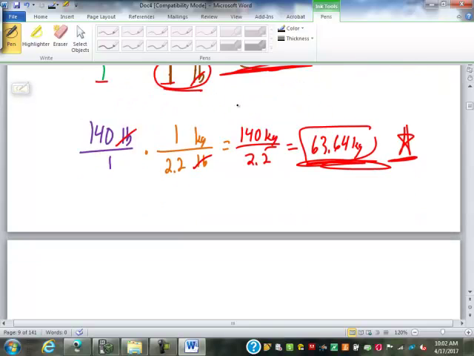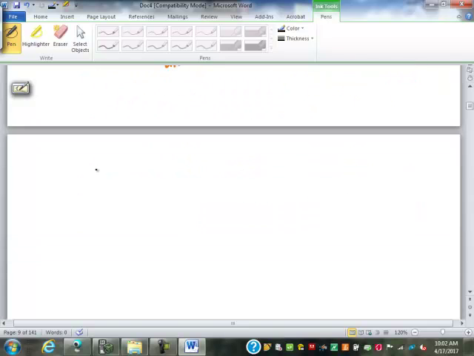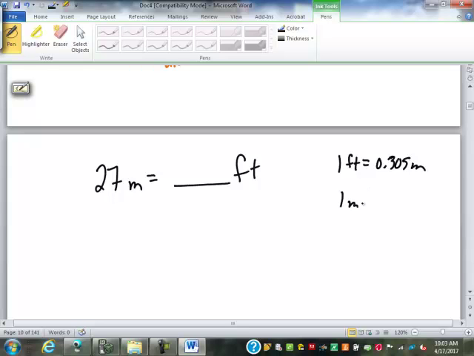So if I have 27 meters and I want to convert it into feet, well, I look up, I have 1 foot is 0.305 meters, or I have 1 meter is 3.28 feet. So I look at this, 27 meters over 1.